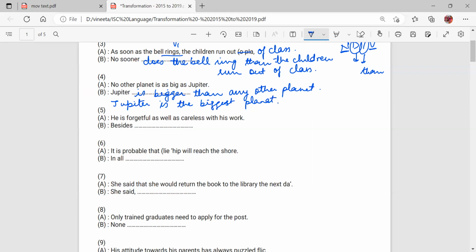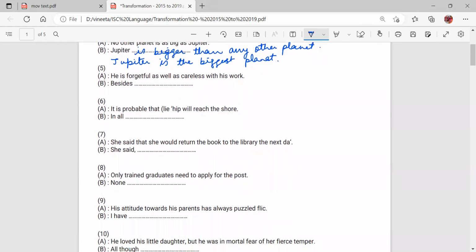But if you are given Jupiter is one of the biggest planets, it means that it's not that Jupiter is the biggest planet. There are other planets also which are bigger. So for that, we never begin it with no other planet. We will always say very few planets are as big as Jupiter, or Jupiter is bigger than many other planets, right? It can be done that way.